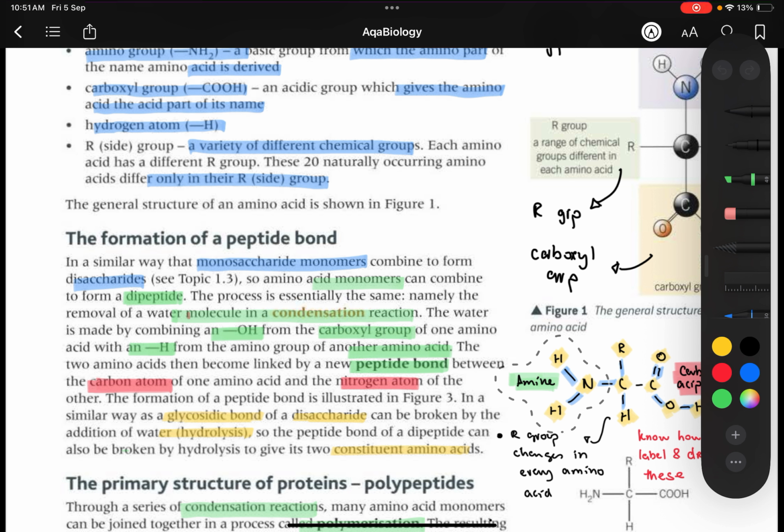That's why it's called amine. I'm just going to use the highlighter, I feel like it's better. So that's our little amine group.